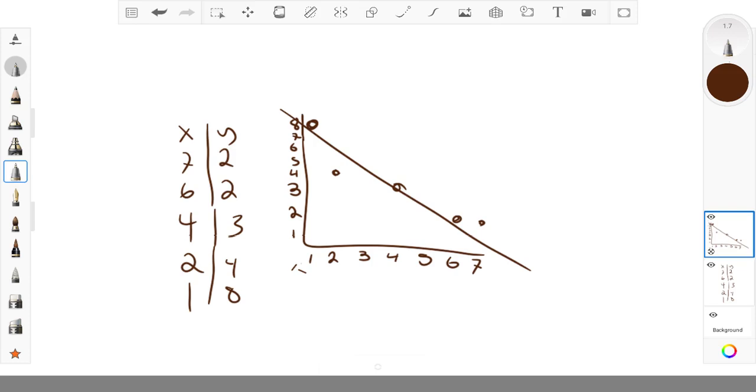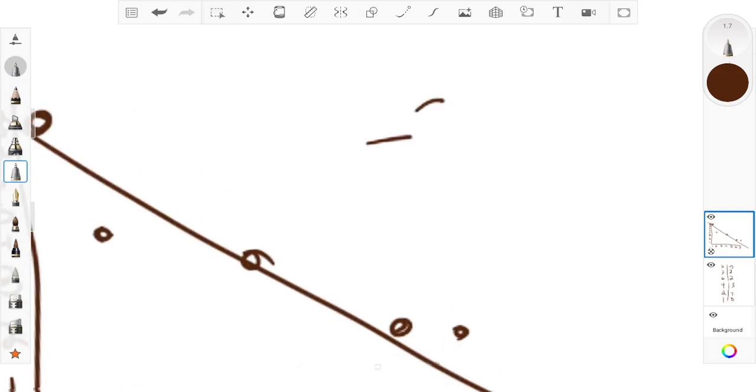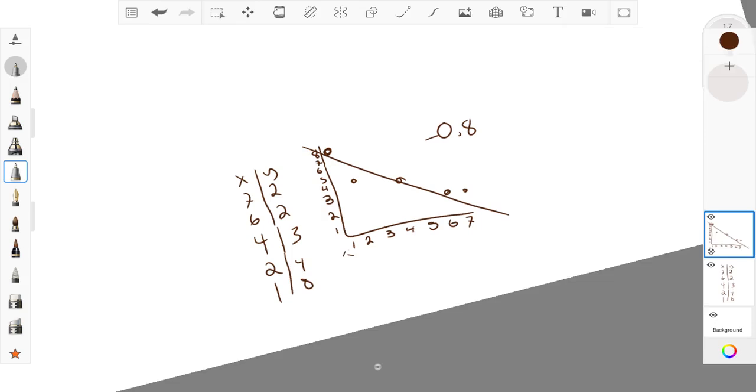But when it comes to the direction, it's going from up high on the left at our x 1, going low to our right at x 7. So that means we have a high negative correlation. If we estimate, let's say we have a negative 0.8. That's how we solved the first part.